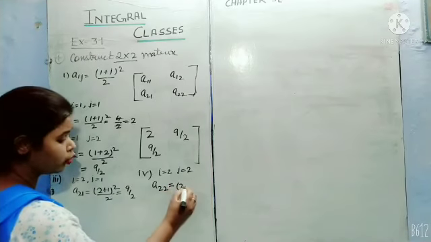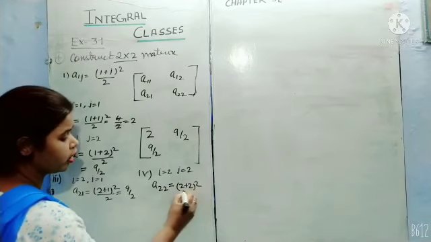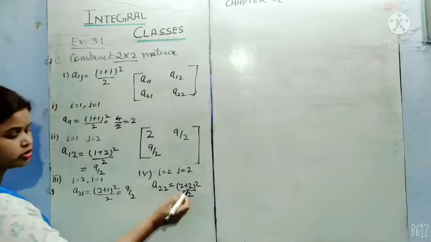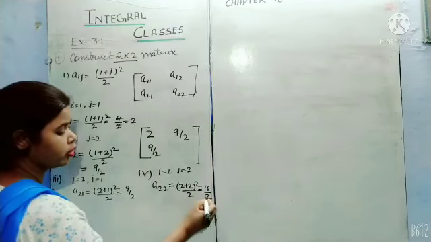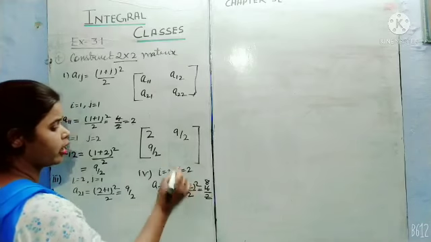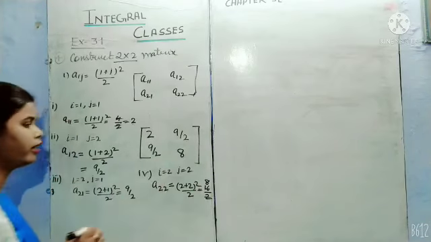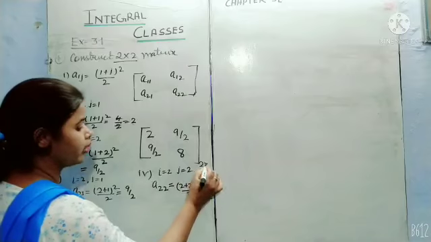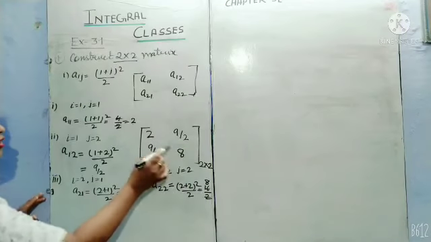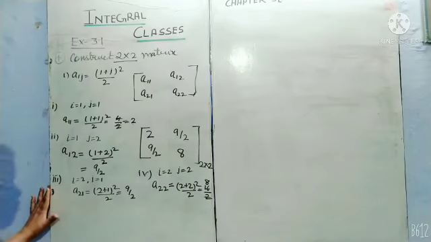Then (2 plus 2) whole square by 2. 2 plus 2 is 4. 4 square equal to 16 by 2. It becomes 8. So this is 8. Now we get the 2 into 2 matrix, and these are all the elements of this matrix.